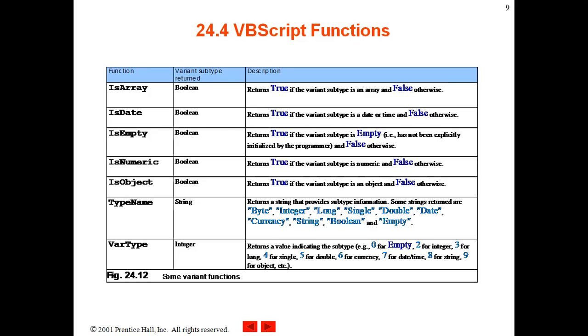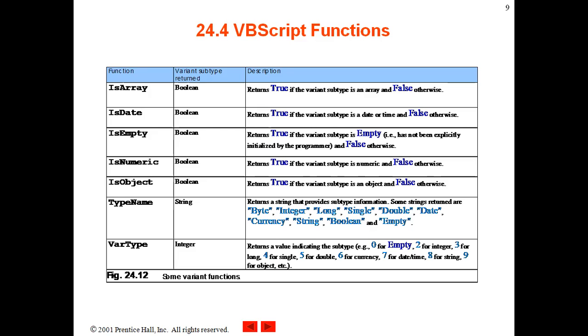So you observe here almost all are IsObject. Until IsObject, we are returning true or false. Coming to TypeName, it returns a string that provides subtype information. Some strings are returned in the form of byte, integer, long, single, double, date, currency, string, boolean, and empty.